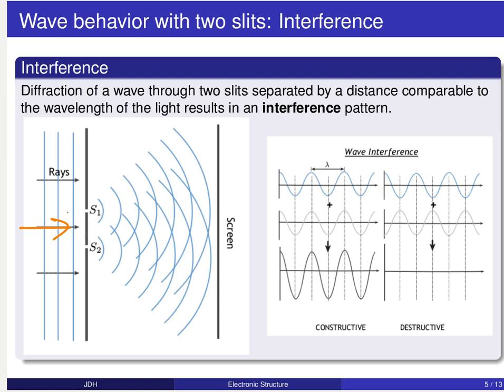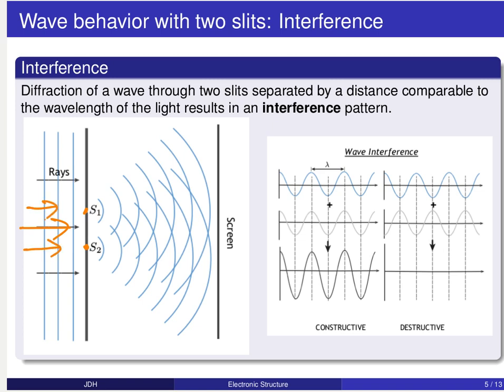We saw in the previous section that each one of these slits is going to result in diffraction of this wave. So we're going to see a bending, essentially a new wavefront forming at the position of the first slit, and then the same thing is going to happen at the position of the second slit. So what we effectively have is two new wavefronts coming out of each one of these slits, and they're both being formed from this initial incoming wave.